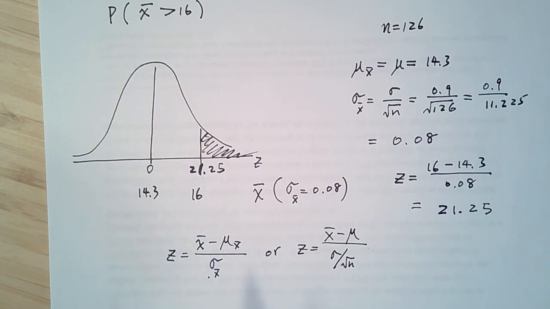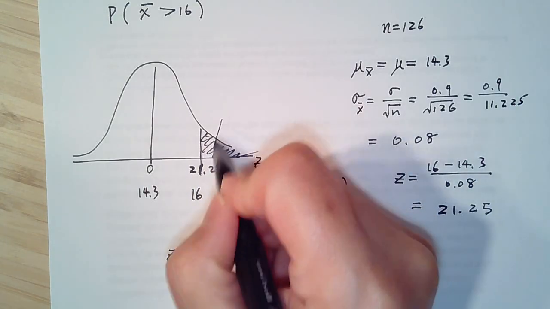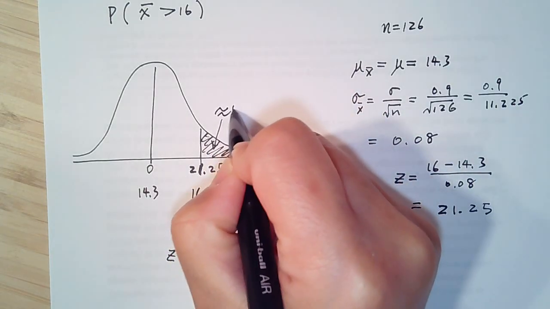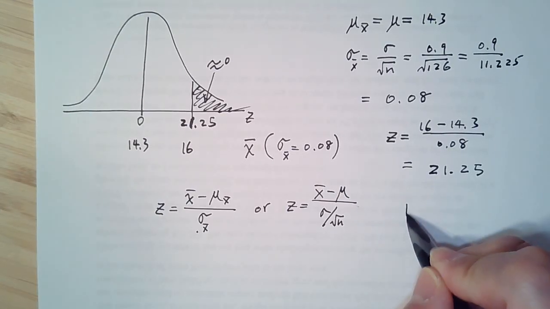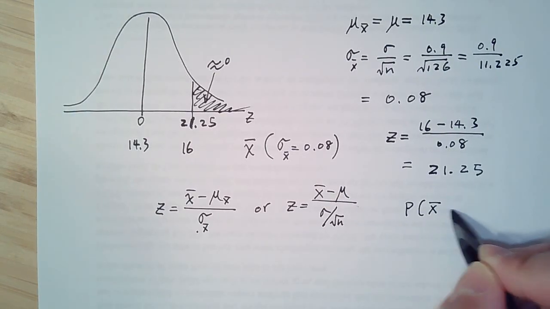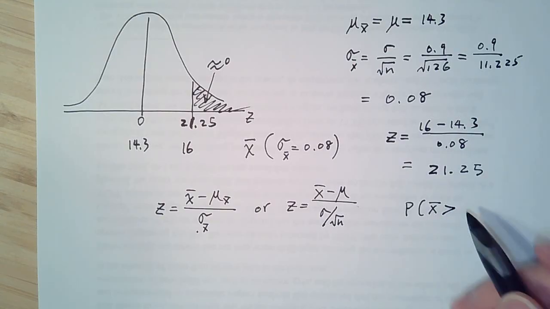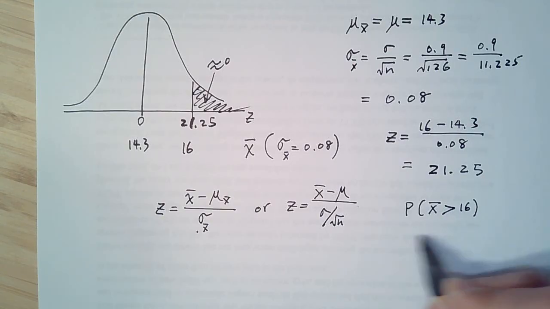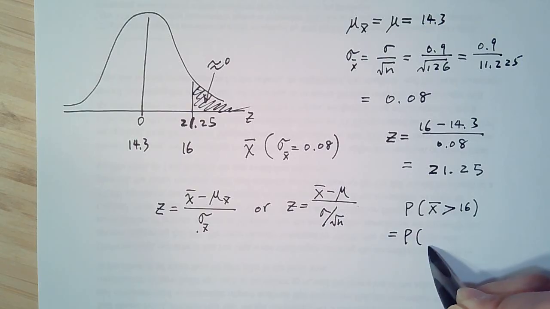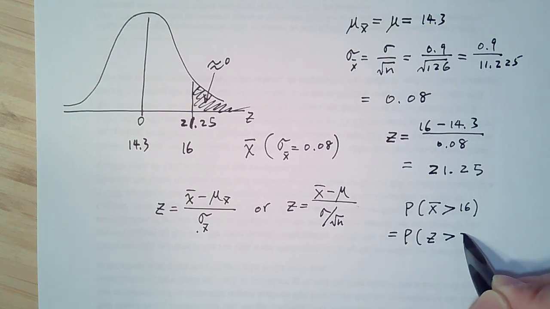So anything greater than that means this area is almost 0. So the probability that the average hip width of all 126 adult males is greater than 16, which is the same as z greater than 21.25, is almost 0.